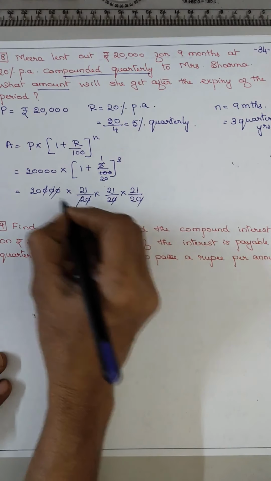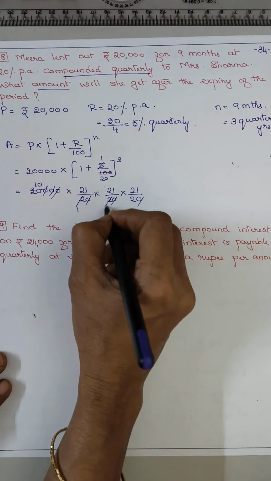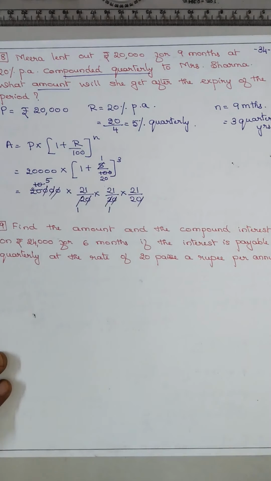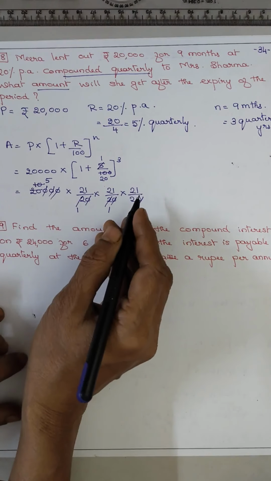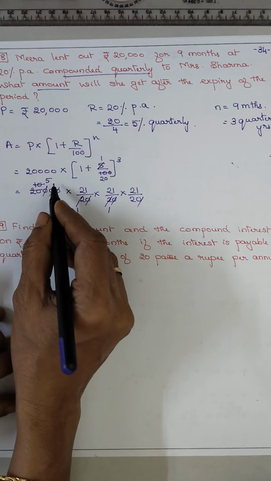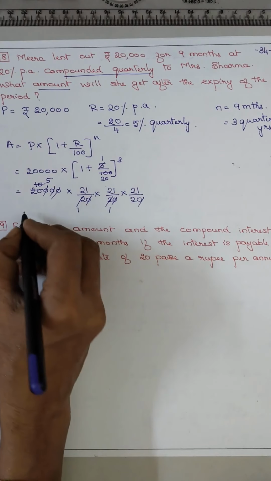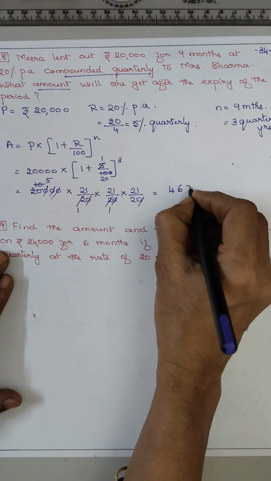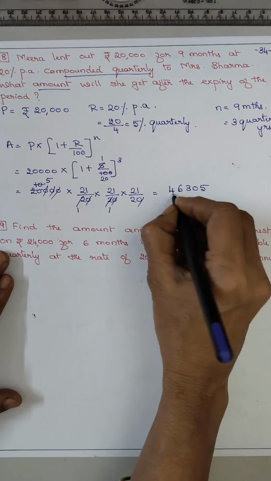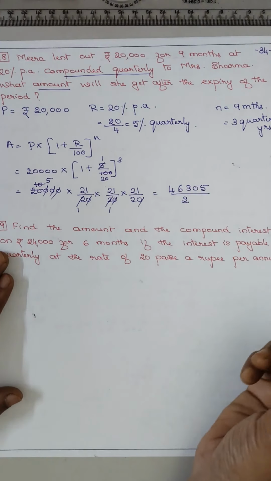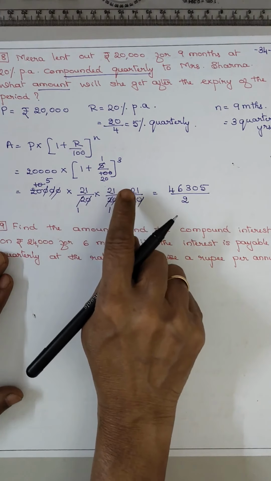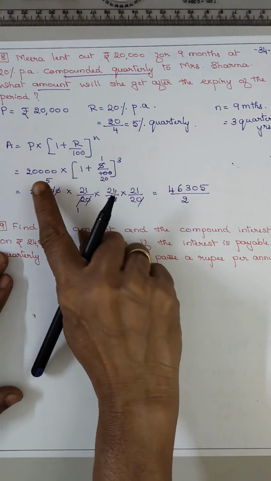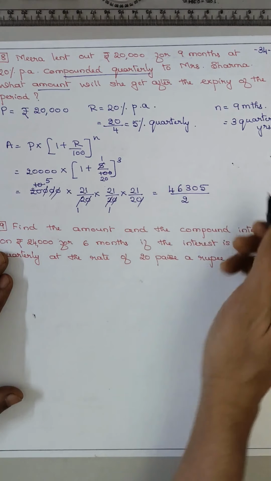Now 2 ones are 2, 2 tens are, 2 ones are 2, 2 fives are. Now you got denominator 2 is there, 21 3 times into 5. So you will get it to be 46305 upon 2. When you multiply 21 into 21 into 21 into 5, you will get so much.